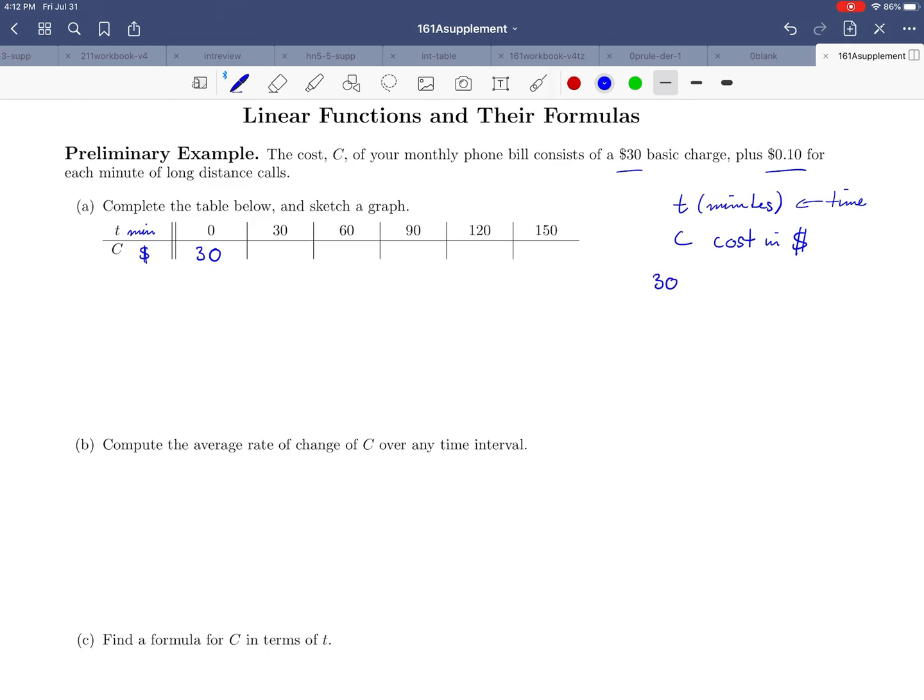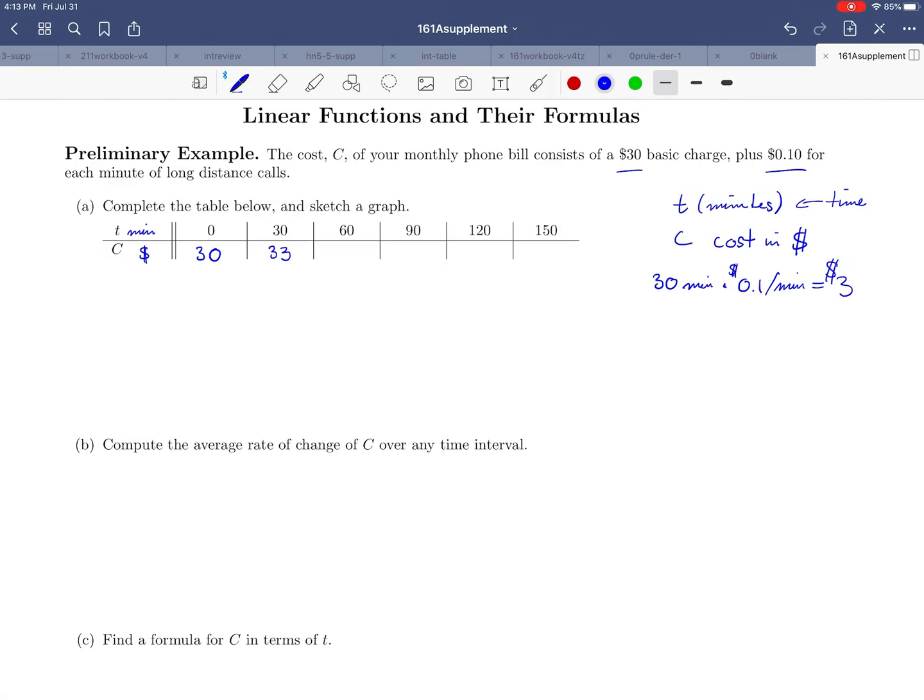So 30 minutes times 0.1 dollar per minute turns out to be $3. So it seems like it's $3 for 30 minutes of talk time.